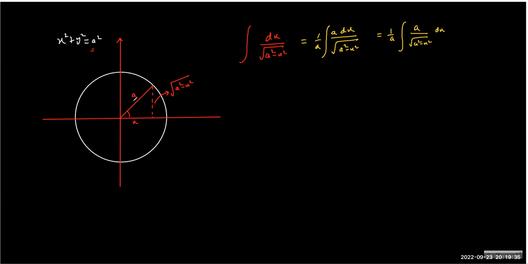I will take theta from the vertical. This is theta. Now, with this change, you can see that this will become 1 by a, dx upon the root of a square minus x square upon a. And what is this now? Now this will become cos theta.